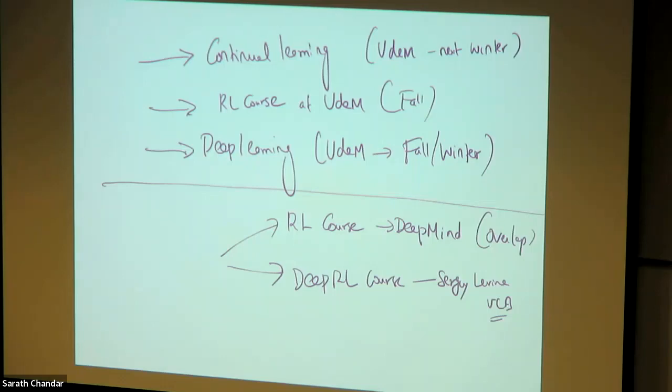But I'm sure it is worth reading Sutton and Barto again and again, at least 10 to 20 times, back to back. It's such a good reference for getting the fundamentals of the field. So I think I will stop here and take questions.